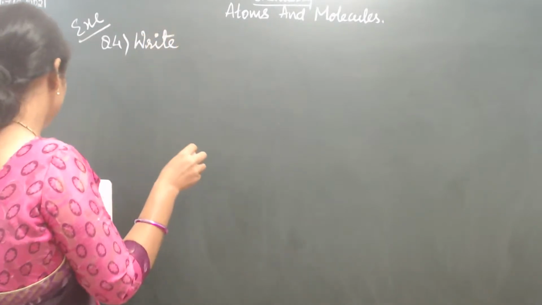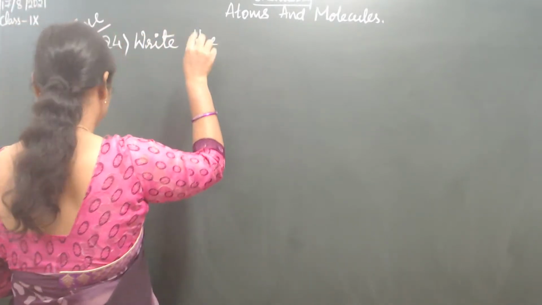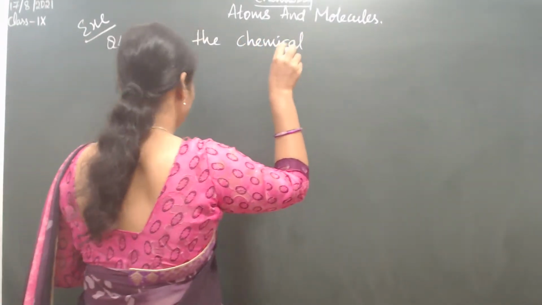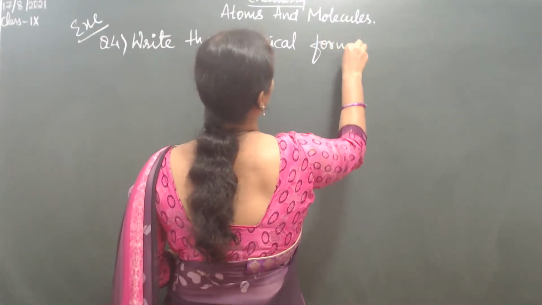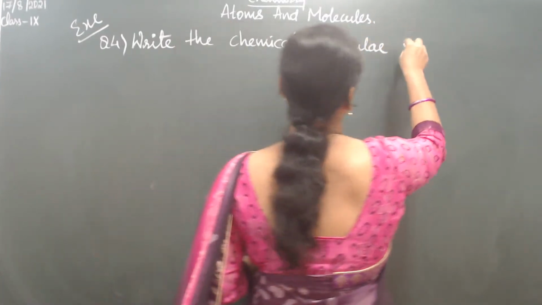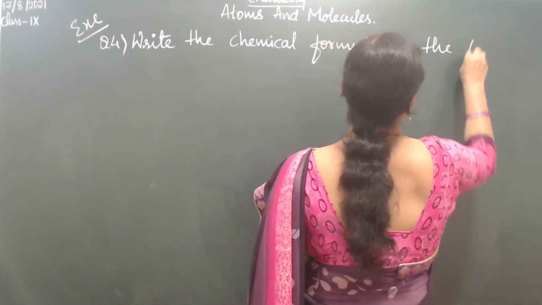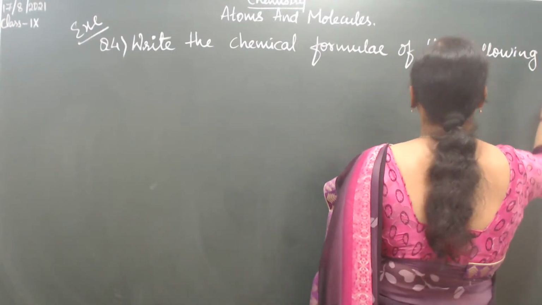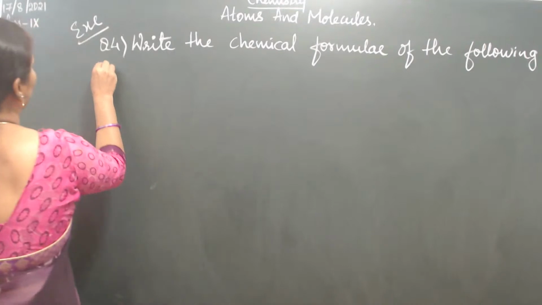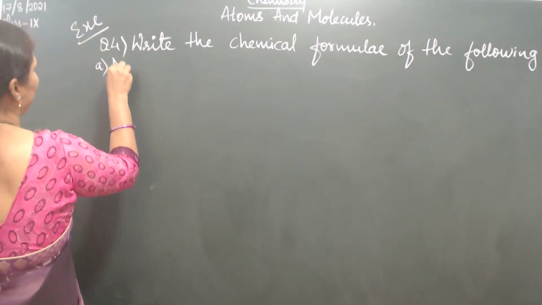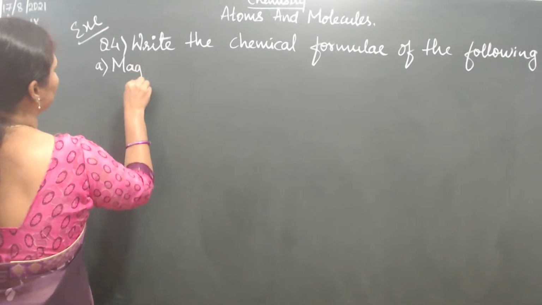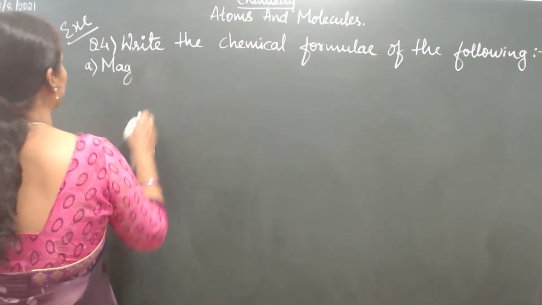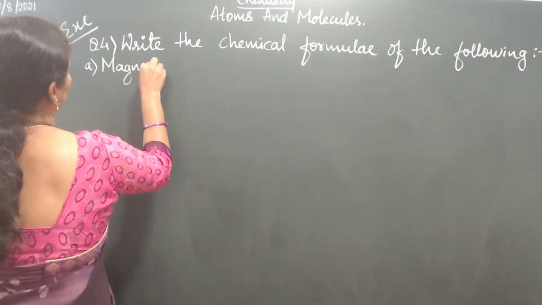Here, the question is like this: write the chemical formula of the following. In the previous class, we already learned how to write chemical formulas. Here they have given a few compounds, and you have to write the formula of these compounds.